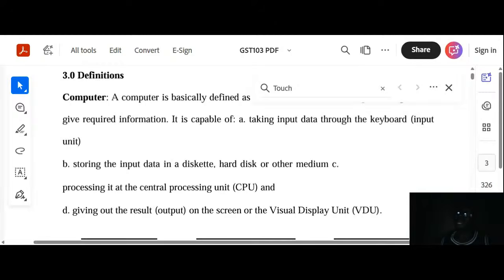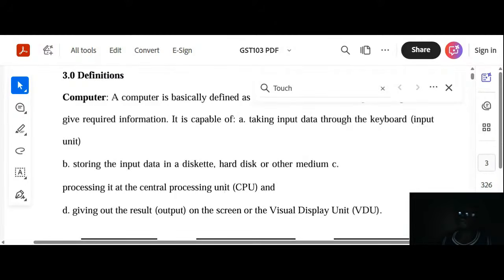When you attend a class and you listen to the lecture, you are taking in data through your ears. Your ears now serve as the input device. Your eyes that you are using to watch the illustration or whatever the person is writing are also an input device. When your eyes and your ears take in the data, it goes to your brain, where you decide to store important information. You understand?